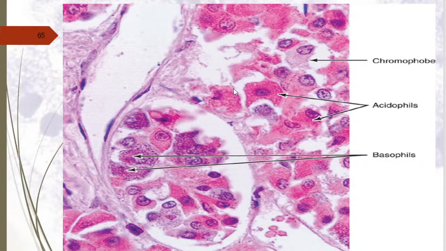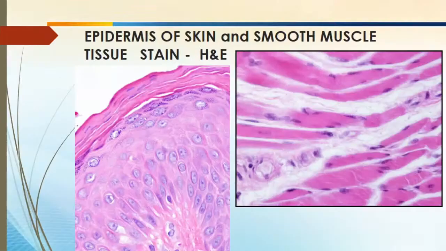Acidophils are well stained by acidic stain like eosin, and basophils are very well stained with hematoxylin, hence the name basophils. Okay, in the epidermis of skin we also have the same composition. Again, nuclei are blue, basophilic, and the cytoplasm is more red, oxyphilic or acidophilic.